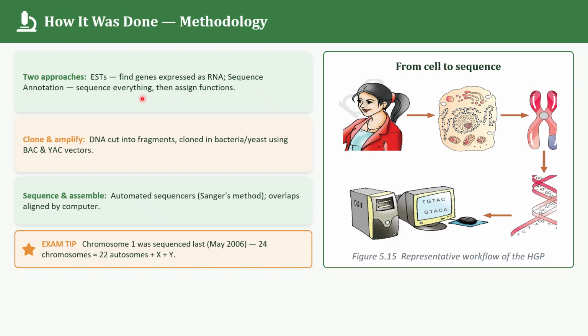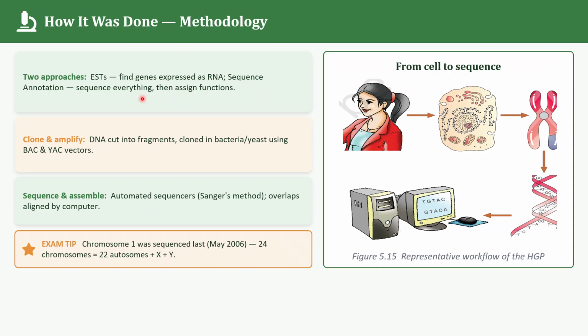This process is called sequence annotation. The difference here is that EST finds the expressed genes, and sequence annotation sequences everything and then assigns the function.